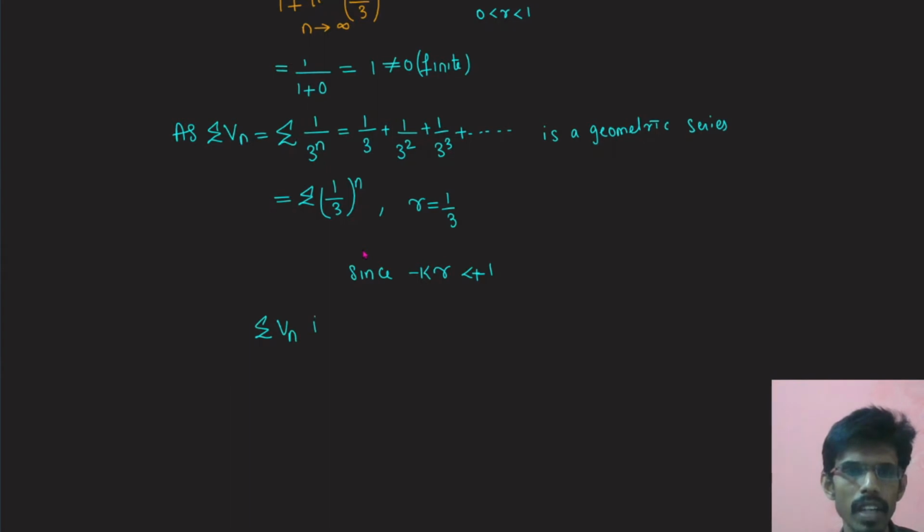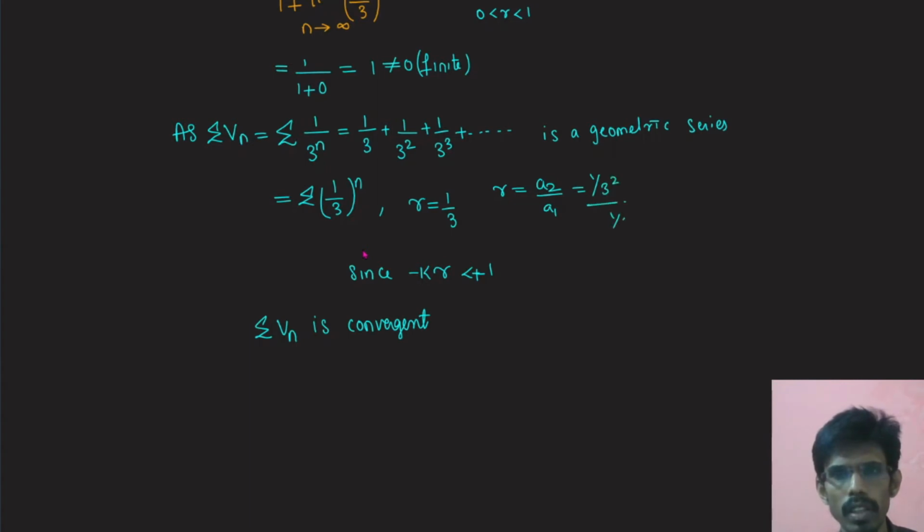So sigma Vn is convergent. This r is the common ratio, that is second term by first term. Second term is 1 by 3 square, first term is 1 by 3. So this will become 1 by 3 only, or we can get it from this 1 by 3 power of n also. So sigma Vn is convergent.